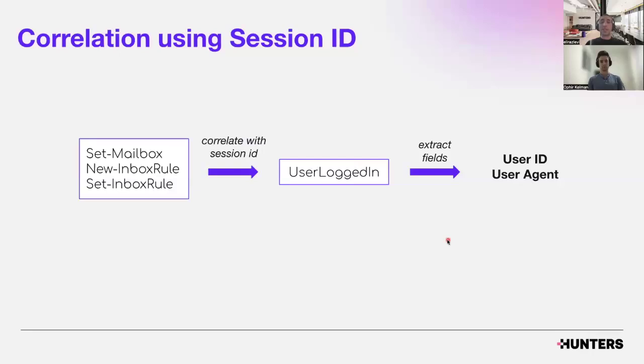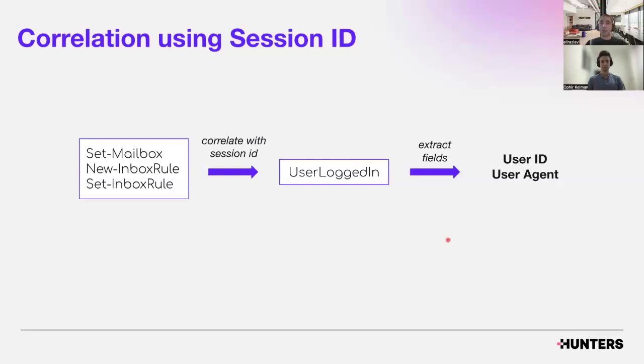We can do it by correlating the Set-Mailbox event with another event called UserLoggedIn. How are we going to correlate between them? We are going to use the session ID. After the correlation, we will be able to extract valuable fields like user ID and user agent.